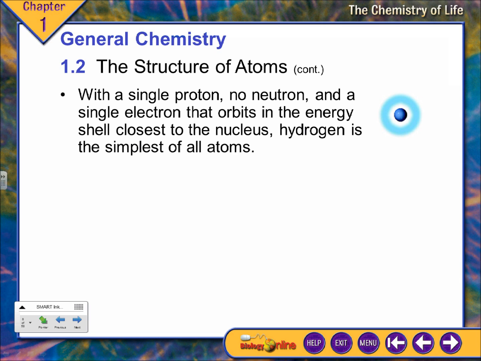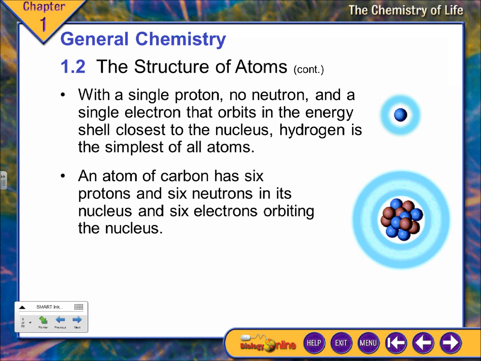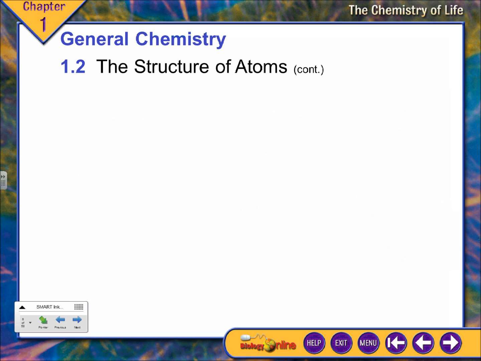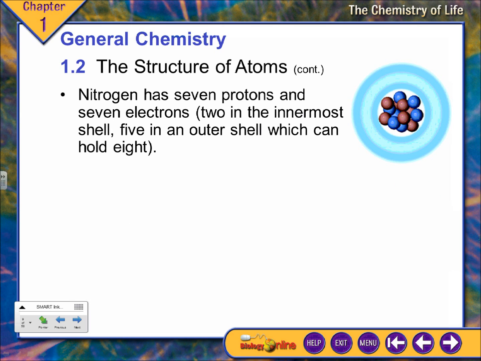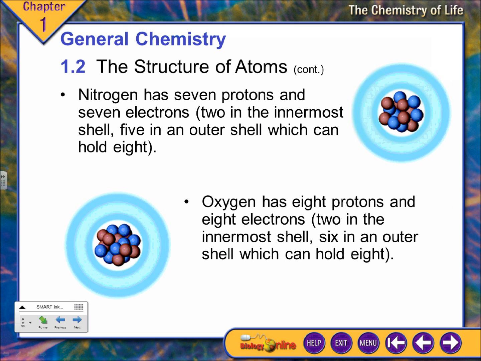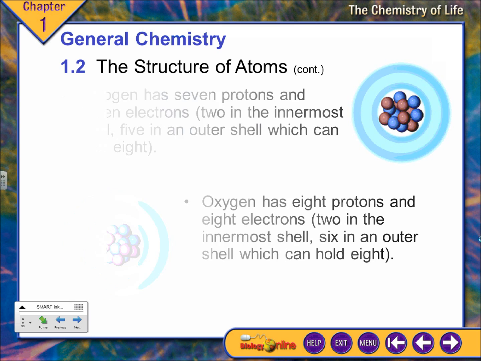So that's going to give the molecules of life their properties. Real quick with carbon there. Carbon likes to bond to 4 things, which makes it extremely versatile. It can bond to 4 different things. It can bond to make chains. It can make rings. Okay, a little bit more there with nitrogen and oxygen.